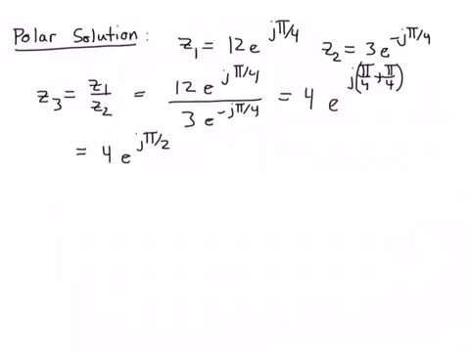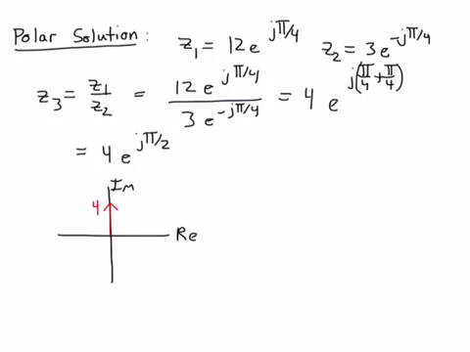That's in polar format. We could sketch it in the complex plane. The real part is on the x-axis and the imaginary part's on the y-axis. And when we do our sketch, I'll sketch it in red here, 4 e to the j pi over 2 is this vector, where it's got a length of 4, and it goes around here by pi over 2, so it's on the imaginary axis.